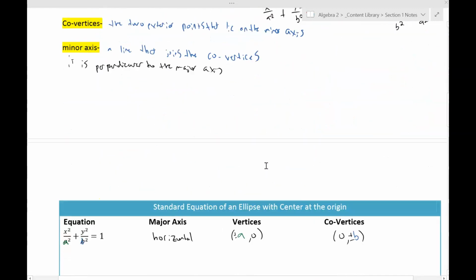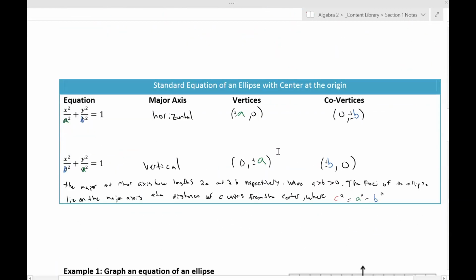That might make sense with an example, but before we move to an example, we need these things. If it is in fact horizontal, its vertices are going to be plus and minus that a value, and its co-vertices are going to be plus or minus that b value. If it's a vertical ellipse, its vertices lie on the major axis, and since it's vertical, it goes up and down, meaning its vertices will be on the y-axis, plus or minus some a value.